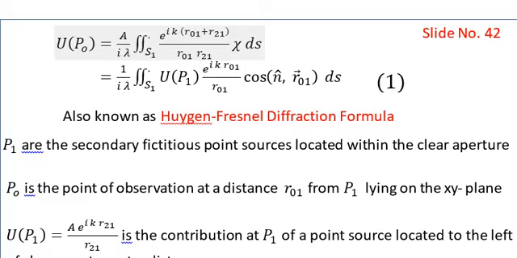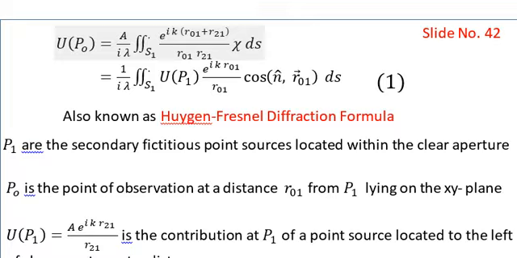And you know that on the right hand side you have a over iota lambda double integral over the surface S1, and S1 is actually the clear aperture in which the point P1 is located, and we have e to the power iota k r within the bracket r01 plus r21 divided by r01 r21 multiplied by chi and the surface element ds. And you know that r01 was the distance of the point P1 from the point P0.